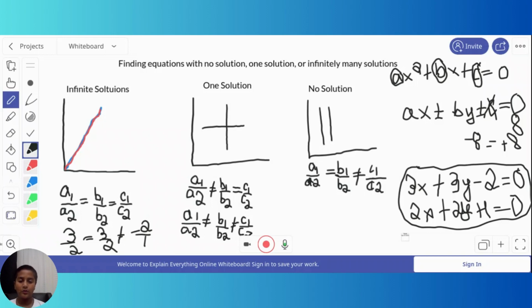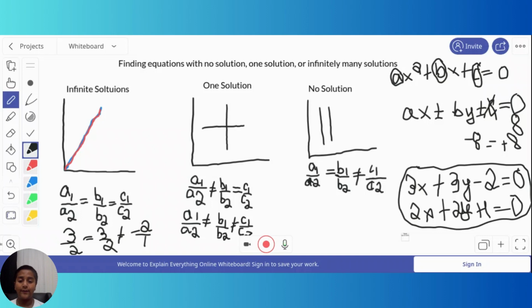Now the no solution one, which we have just covered, is when the first two fractions are equal and the next two fractions are not equal. In this one, there are no ifs or buts. It's straightforward: A1 over A2 equals B1 over B2, that does not equal C1 over C2.